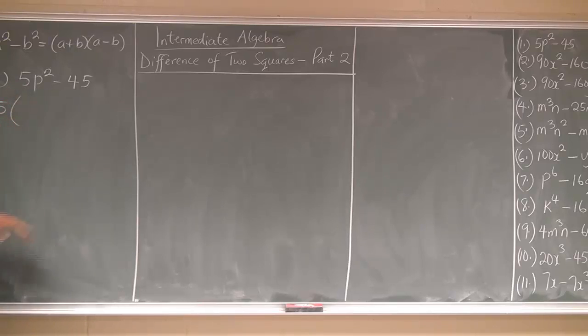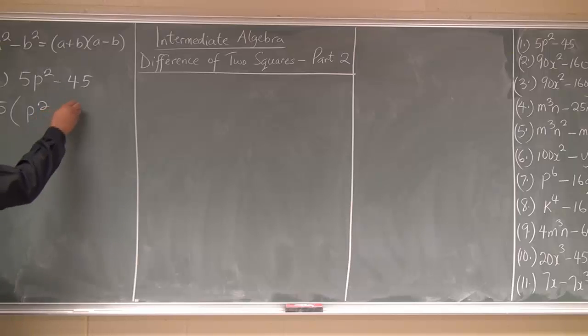I did a video on factors and multiples. You can view it. The greatest common factor is 5. 5p squared divided by 5 will give you p squared, and minus 45 divided by 5 will give you minus 9.